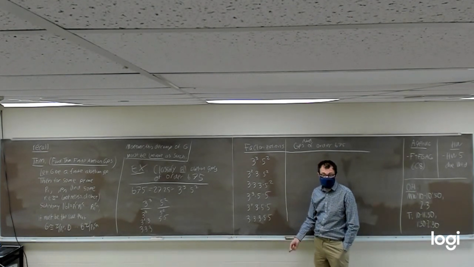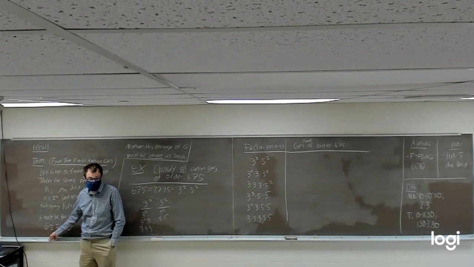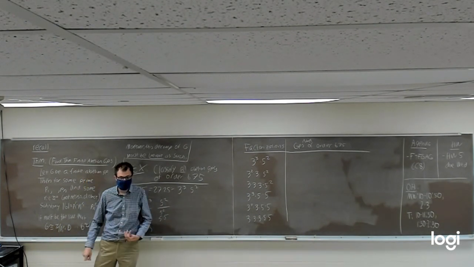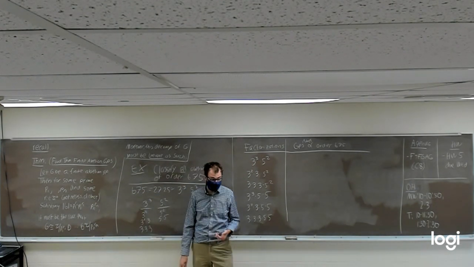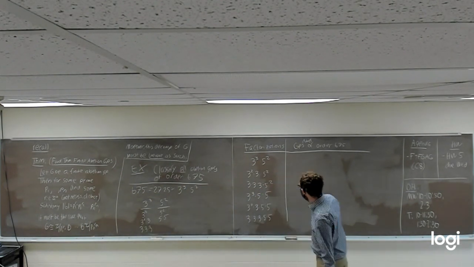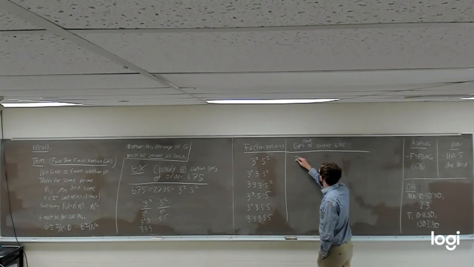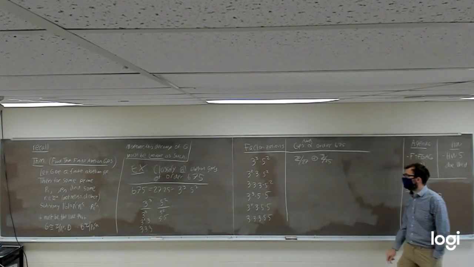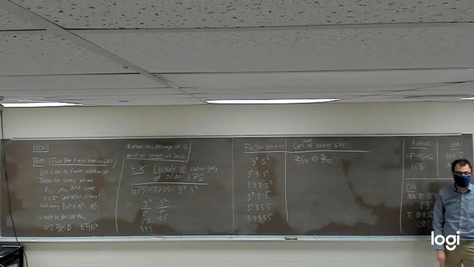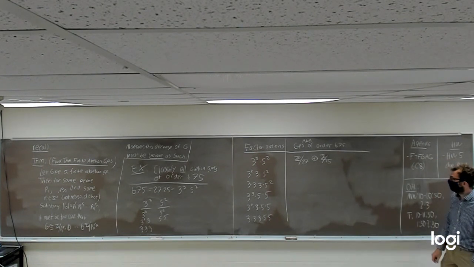Each of these is going to give us a different way of decomposing an abelian group of order 675 into the direct product of a bunch of copies of Z mod NZ. So the first, the 3 cubed times 5 squared, is going to give us an abelian group of Z mod 27Z direct product Z mod 25.